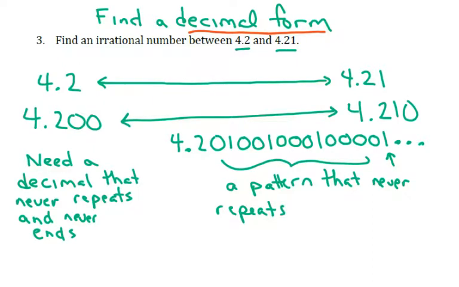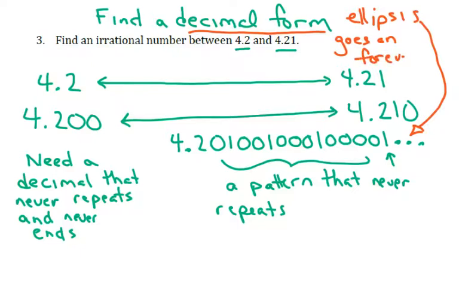Also, very important to include is the dot, dot, dot, the ellipsis. This means it goes on forever. So both parts are very important. Now, just like with rational numbers, there's infinitely many irrational numbers in here.